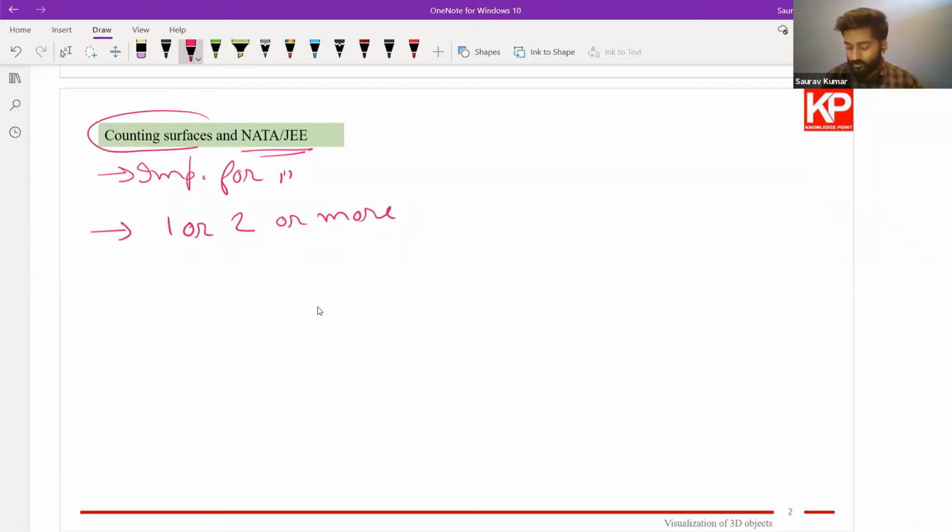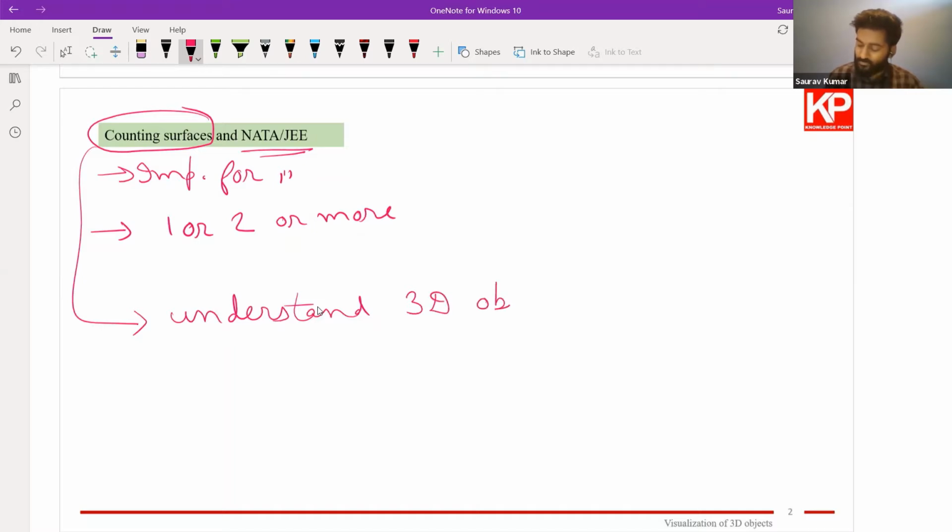So for this heading, counting surfaces, we need to understand the 3D objects. Now in the first head, in the visualization part, where you were asked for the 3D by looking at the 2D or vice versa, the object was given to you.